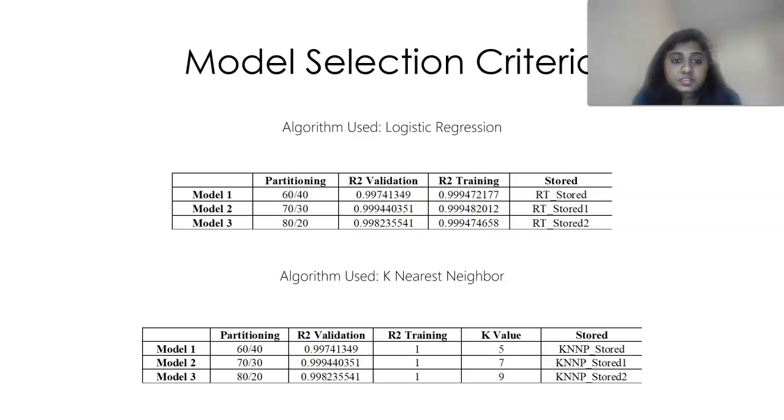For model 3 we have taken 80:20, and the same partitioning is done using the KNN algorithm for the 3 models. We have got a K value of 5 for model 1, 7 for model 2, and 9 for model 3.